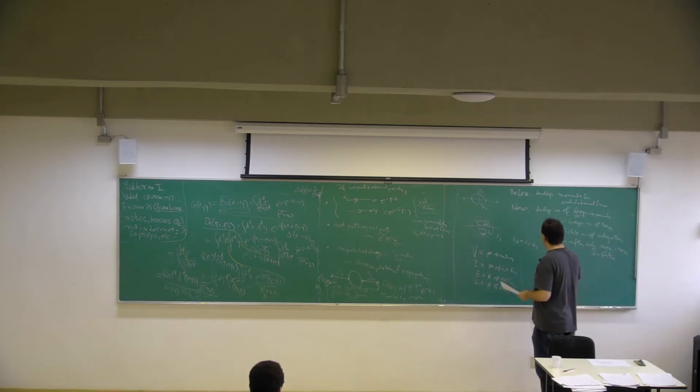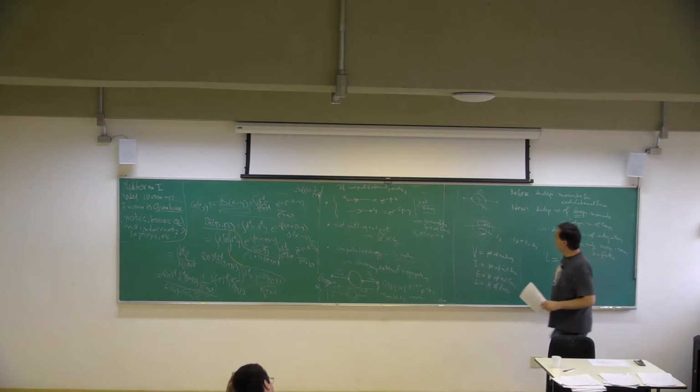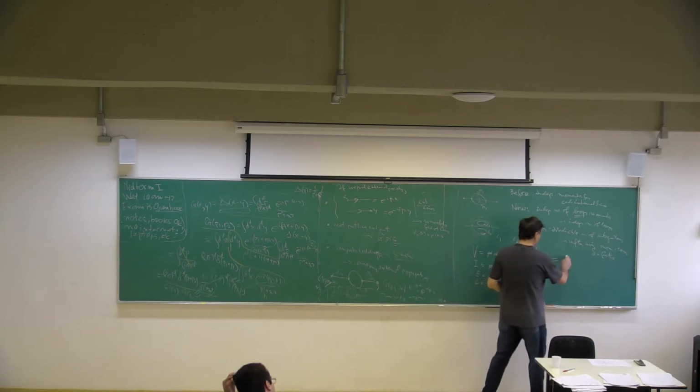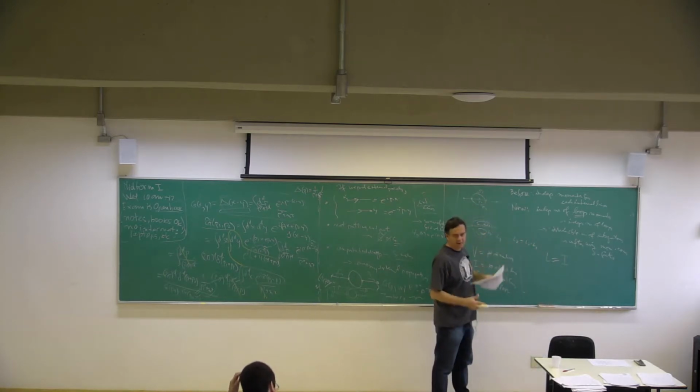All right, so first let's see how many loops there are. Before, for each internal line, we wrote an independent momentum P, right? So we start with I initial integrations.